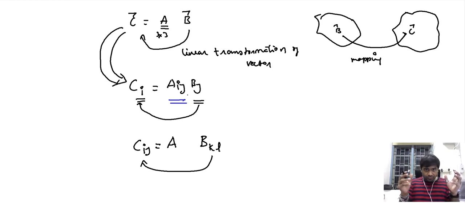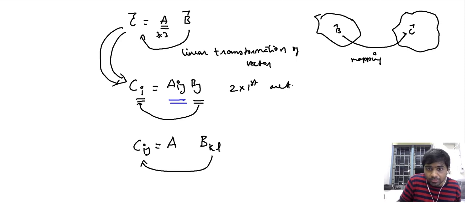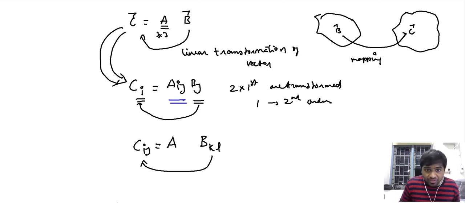The same way, we are here trying to transform 2 second order tensors, and in order to do that, we need one fourth order tensor.